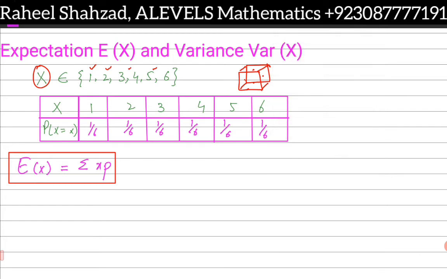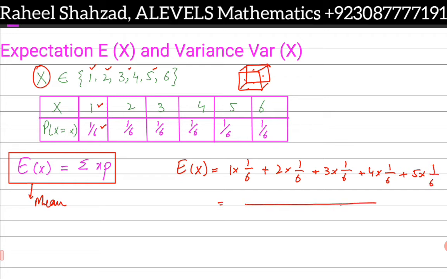This is the formula for expected value, which is usually the mean. Now let's calculate for this question. Expected value is equal to 1 into 1 by 6, where you multiply the random variable with its probability, plus 2 into 1 by 6 plus 3 into 1 by 6 plus 4 into 1 by 6 plus 5 into 1 by 6 plus 6 into 1 by 6.